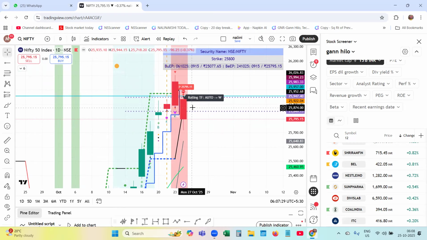So the market on 23rd, it is 24th, it is showing now. On 24th, it is showing 25,800 put option. It is suggesting the underlying put option. You can go for that.